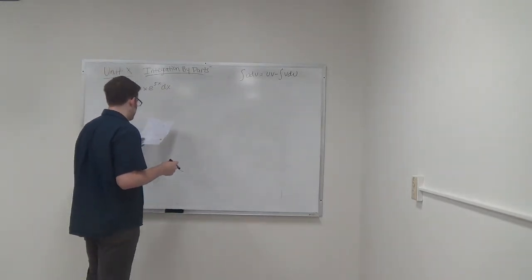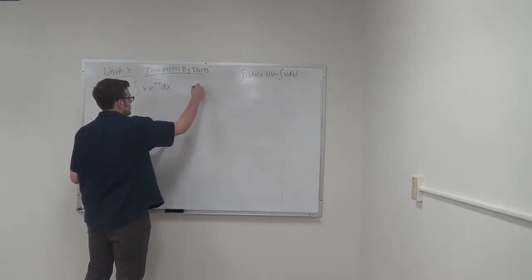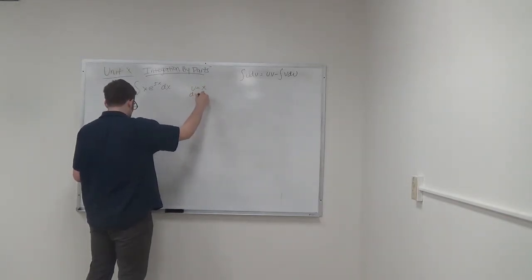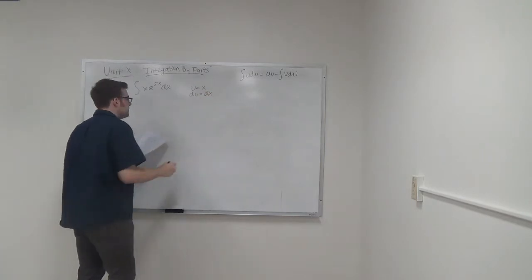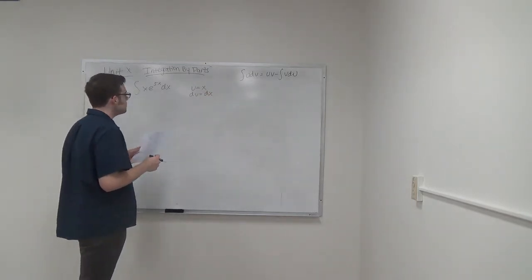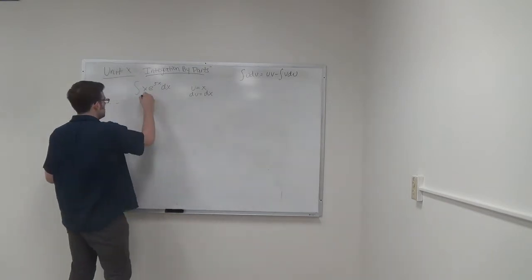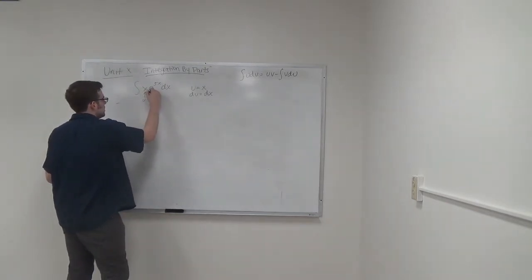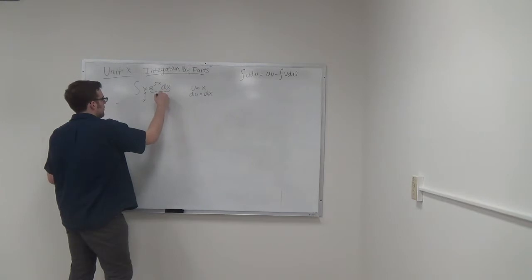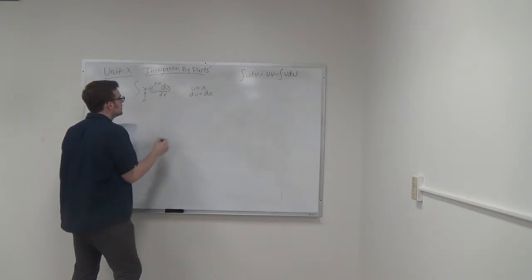So in this example, we can set u is equal to x. du is equal to dx. So here we have u is x, and we can define this as dv.